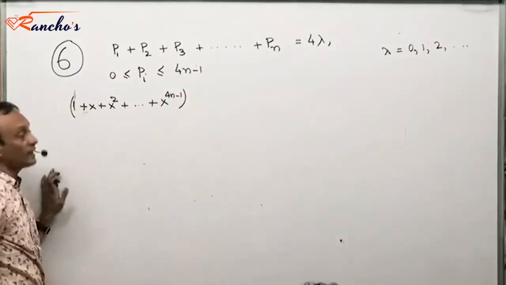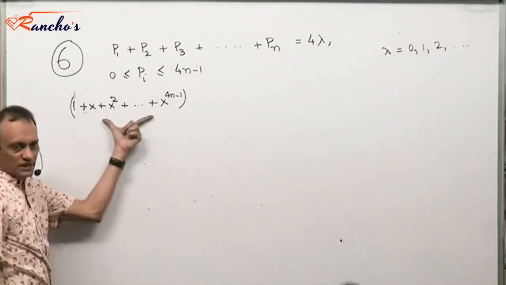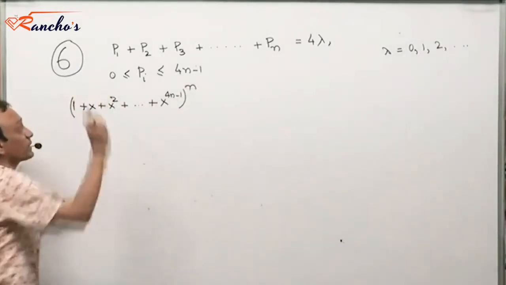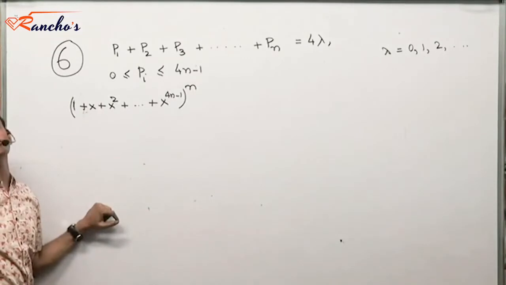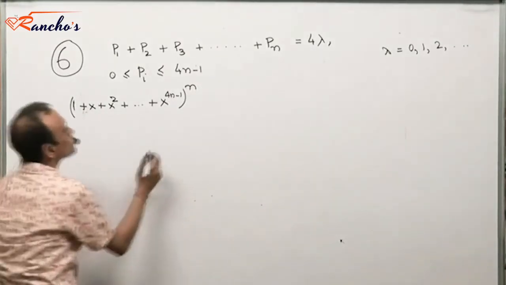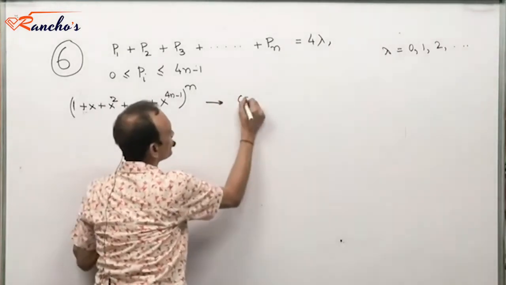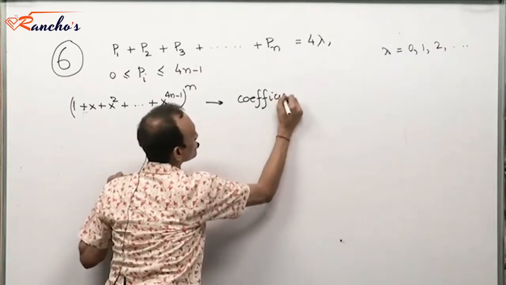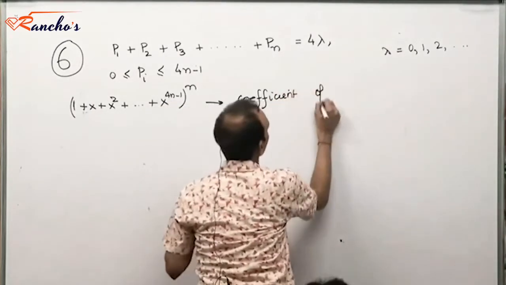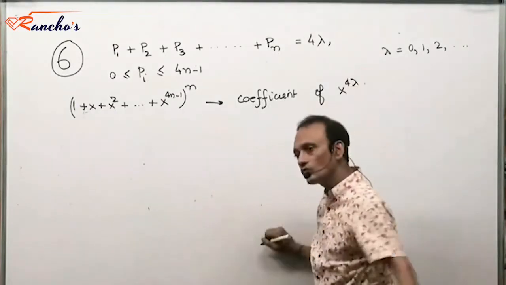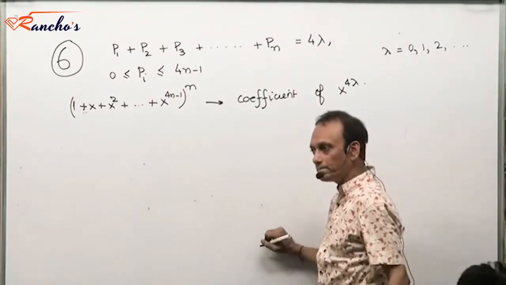For P2 also this, for P3 also this, so to the power n. And what is it that I am seeking here? Coefficient of x power 4 lambda. So I am seeking the coefficient of x power 4 lambda in this. Right? This is what I'm seeking.